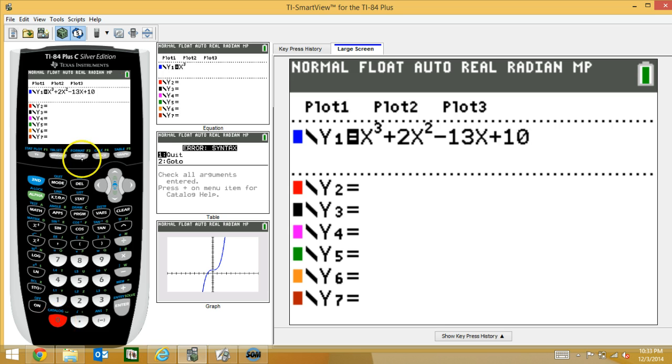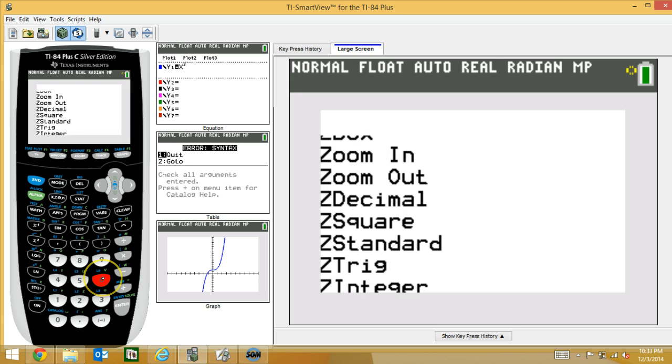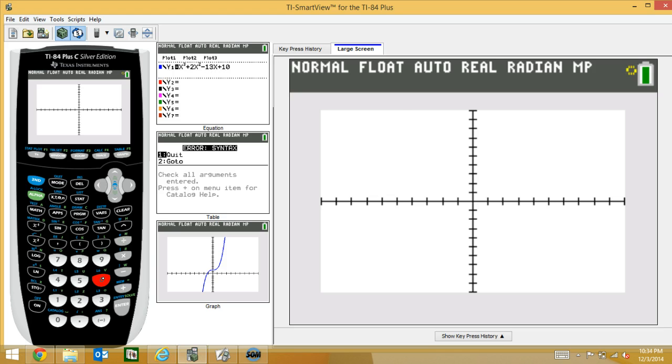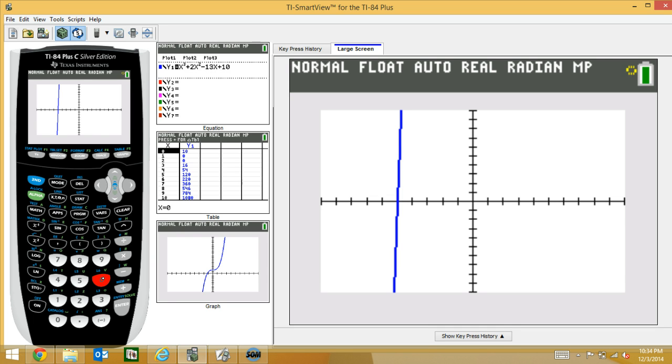So now I'm going to go back and graph this on the standard window just to see what we have left.